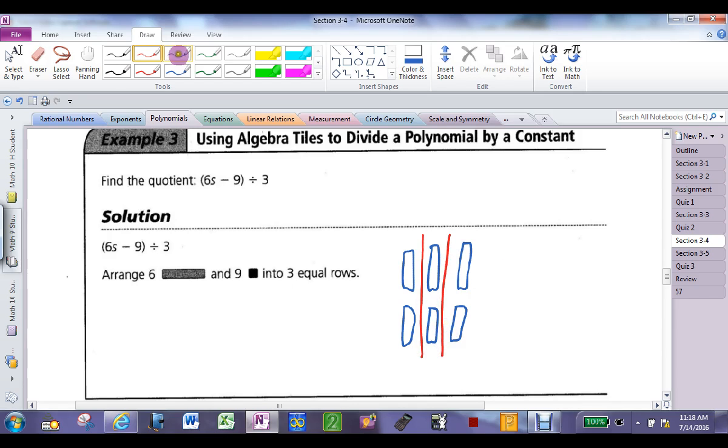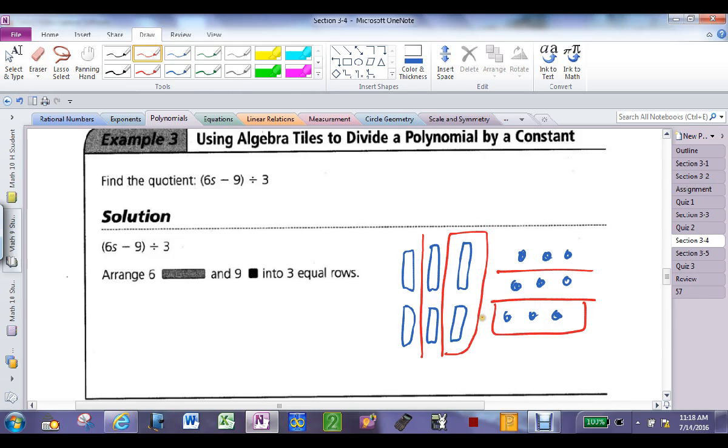And I need 9 negatives. And I got to cut that into groups. How big is it? 3. So I got 3 and that. That's the size that is left over after I've cut up my polynomial. So what's the answer?